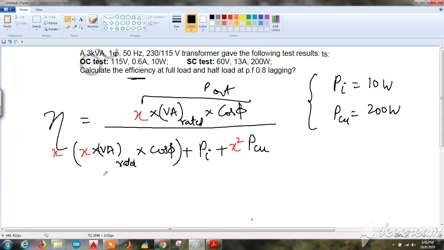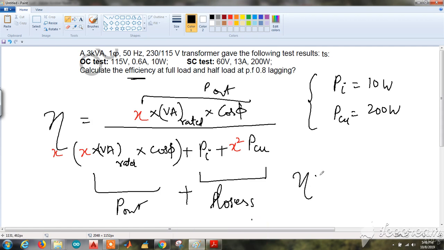This is output power, and this is output power plus the iron and copper loss, that is losses. That is, the efficiency is output by input, and input can be written as output plus losses.